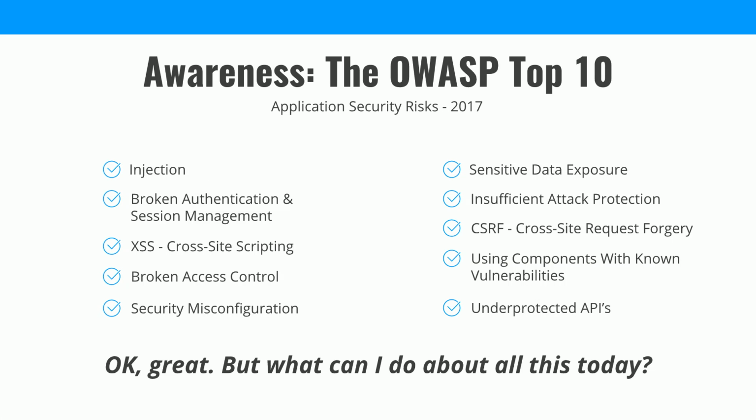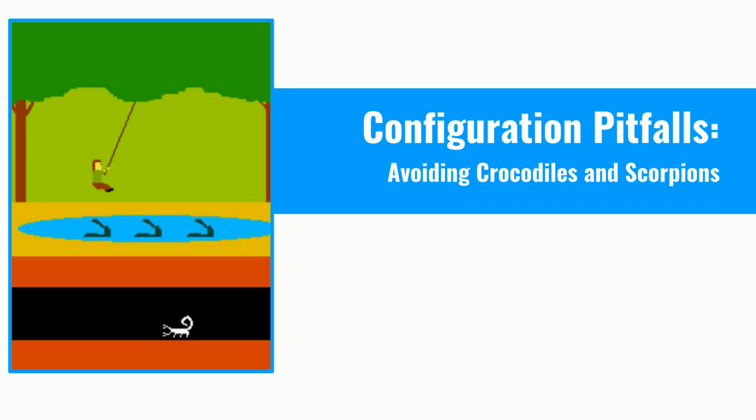But you may be saying to yourselves, okay, great, but what can I do about all this today? Well, that's a good question. So we're going to talk a little bit about configuration pitfalls and avoiding the crocodiles and scorpions.